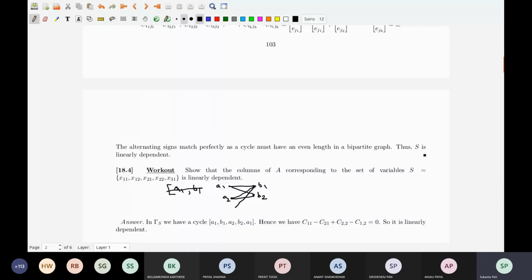So what is my cycle? Now I can see A1 B1 A2 B2 A1 is a cycle. So the variables corresponding to those 4 edges, if I look at their corresponding columns in A, will be linearly dependent, as we have seen.